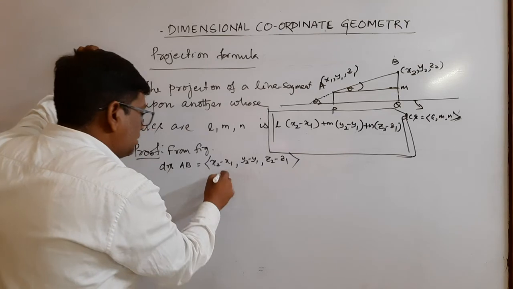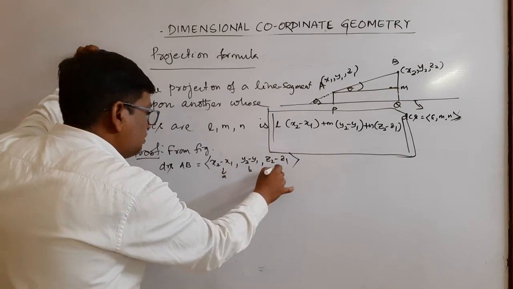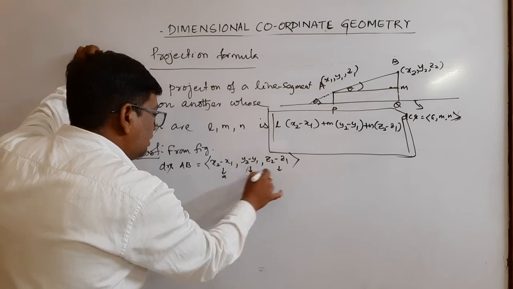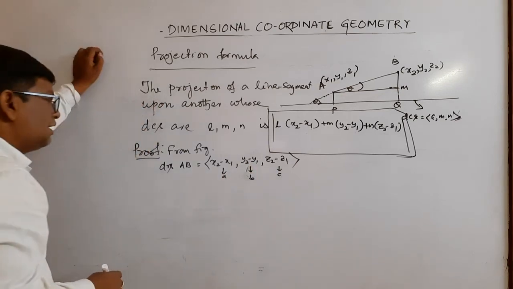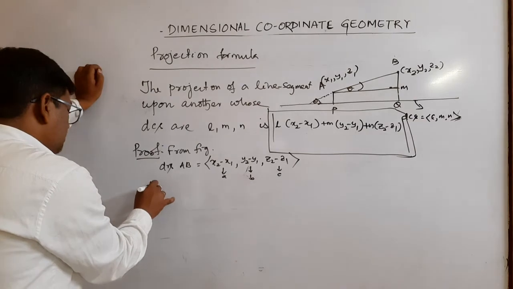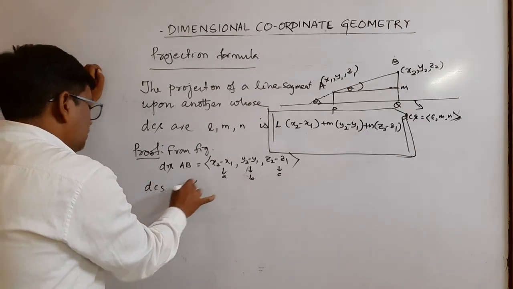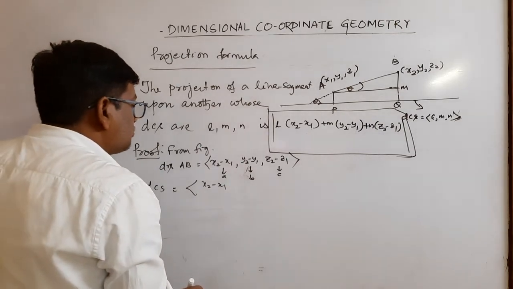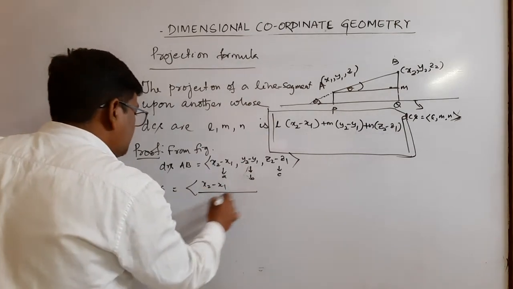So this is A, this is B, and this is C. Now the DCs are x2 minus x1 divided by the square root of a squared plus b squared plus c squared, that is what?